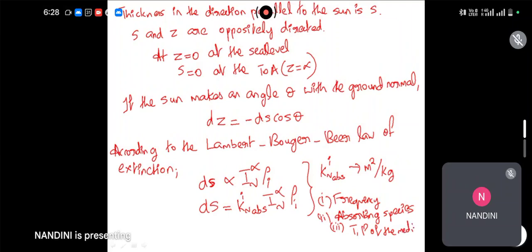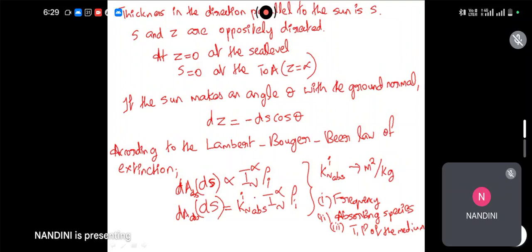So according to the Lambert-Boger-Weir law of extinction, the absorption over a layer ds, which would be dA, along the path ds is proportional to the intensity of the radiation that is incident on that layer, times the mass density of the medium.